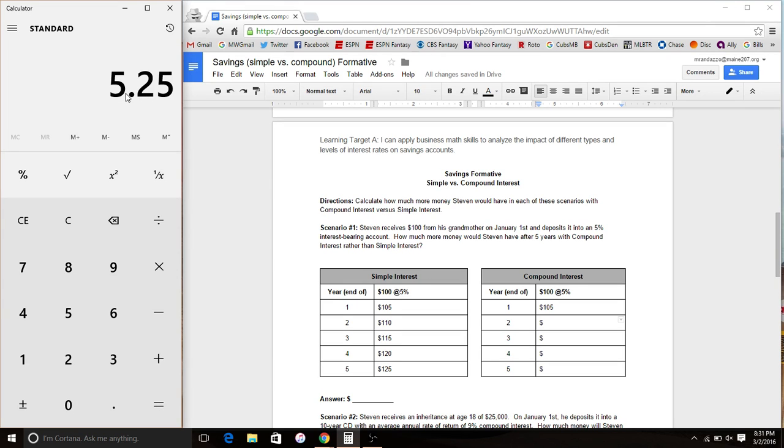Okay, this time around. So we put $100 in. We had 105 now. So we're going to add this to the 105, plus 105. So now we have 110.25. We already have a quarter more than this one. Keep this number in the calculator because you have to calculate the interest on this. So times 0.05.